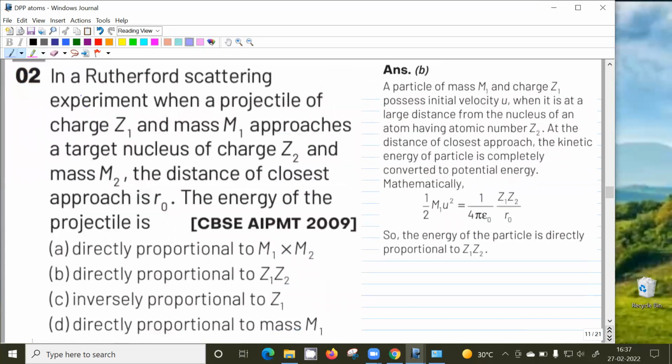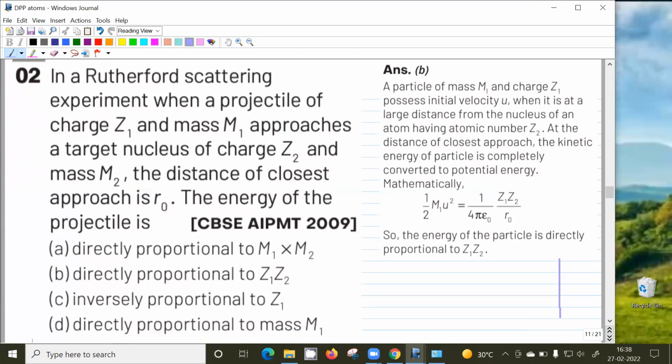Rutherford scattering experiment: when a projectile of charge Z1, mass M1 approaches a target nucleus of charge Z2, mass M2, the distance of closest approach is R0. The energy of the projectile is, say, a ball thrown vertically upwards from the ground.